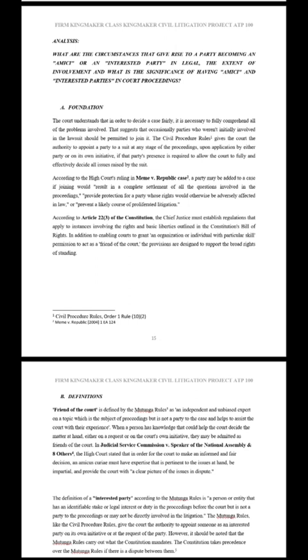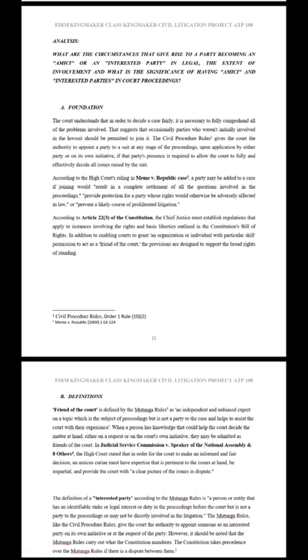So mention the issue at the top. You see I mentioned the analysis. Then I said what are the circumstances that give rise to a party becoming an amicus or interested party. So mention it. If you look at these court cases that people submit, in analysis, even in a ruling or legal opinion, you will find someone mentions that issue to remind the examiner this is what we are analyzing at this point.